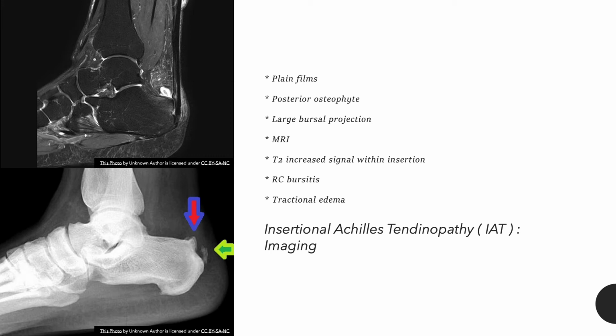Typically an MR is not absolutely required, but typically garnered and shows T2 increased signal within the insertion of the Achilles on the calcaneus. We often see, as pictured above, retrocalcaneal bursitis and tractional edema within the posterior superior aspect of the calcaneus.